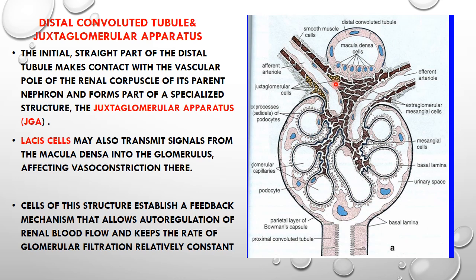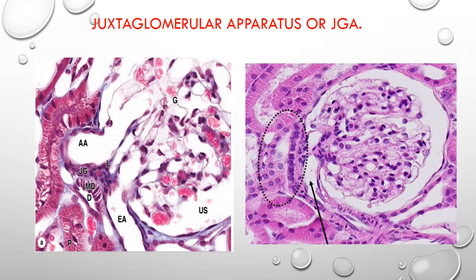These Lacis cells also transmit the signals from the macula densa into the glomerulus, affecting the vasoconstriction there. This photomicrograph shows you very clearly the macula densa cells and all the components of the juxtaglomerular apparatus: the macula densa cells, the JG cells, and the extraglomerular mesangial cells.